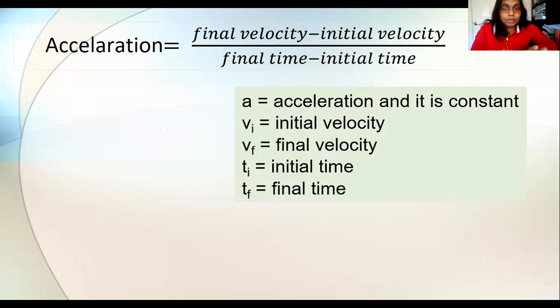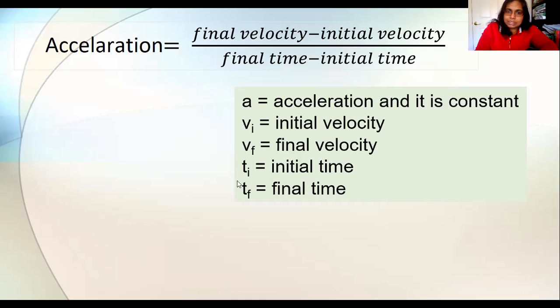All right, again, we're going to use symbols to indicate all these words. Final velocity, without using the whole two words, we are going to use VF to indicate the final velocity. And to indicate the initial velocity, we use VI. And the final time is TF because it's final.